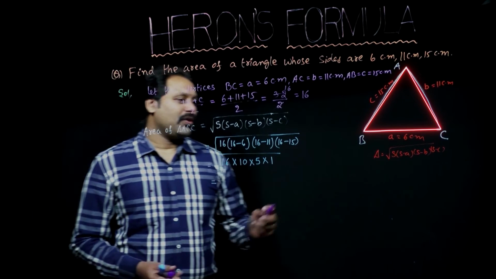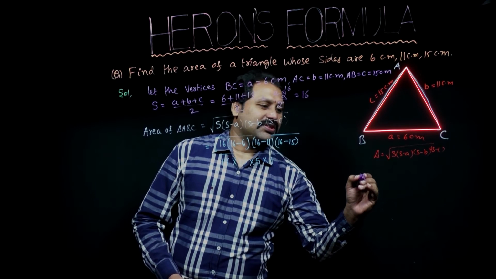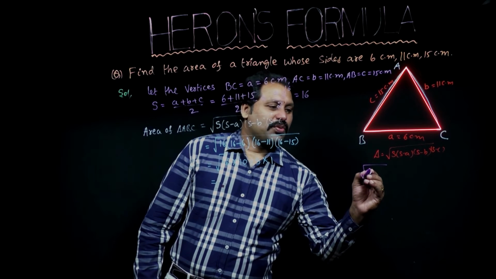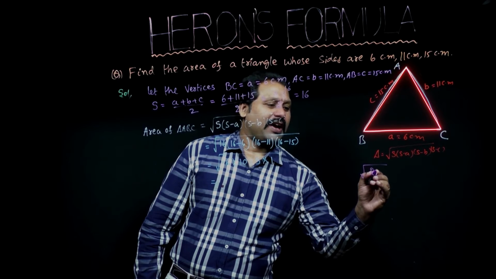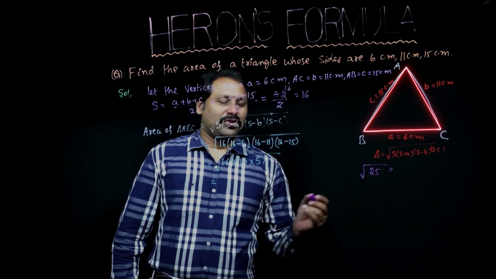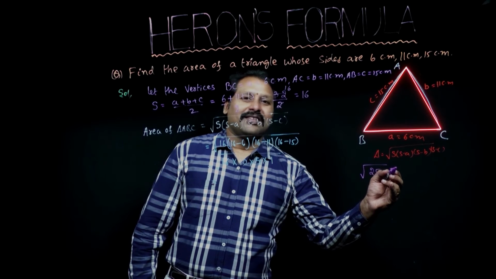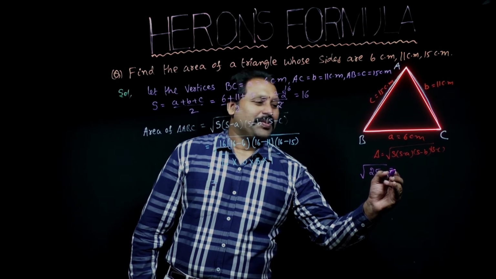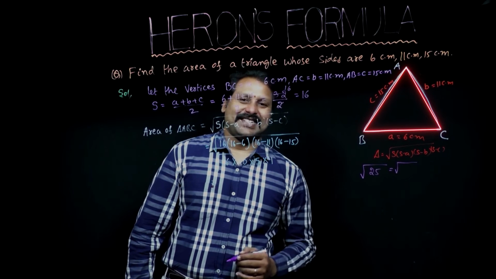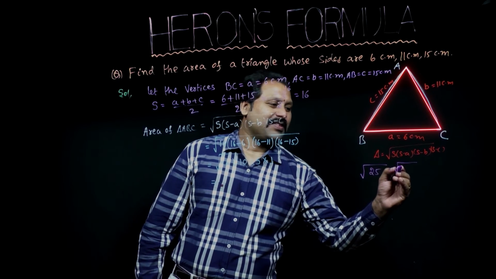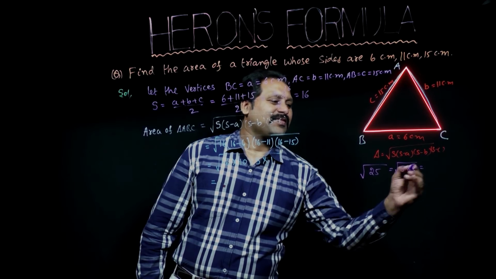So if you find out any square root, suppose square root of 25. So you try to write this numerical in terms of same digit. So that is 5 into 5.